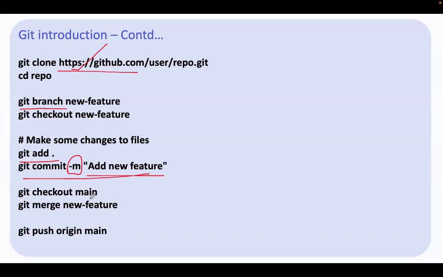If you don't use it, it will automatically open an editor, basically a prompt where you have to put your commit message so that it can be saved. To avoid that, we put the -m option so that without any interaction we can push our code.